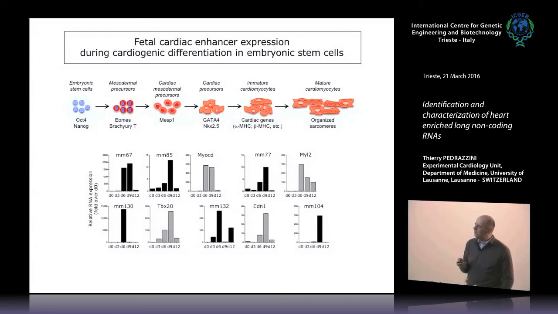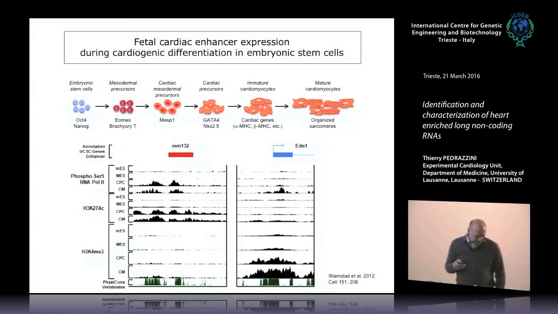This is quite evident. What is important is that acquisition of active marks for this enhancer correlates with activation of the coding genes also. And this occurs at a very defined stage of differentiation, particularly at the cardiac precursor stage in this case. As you can see, you have also activation of the coding genes at a similar stage.